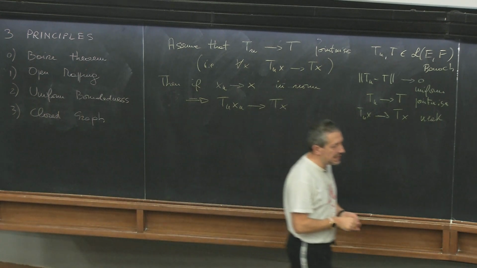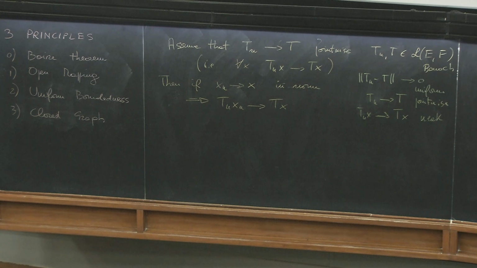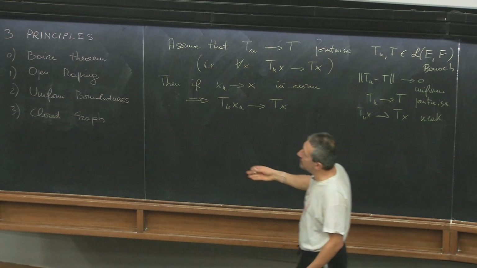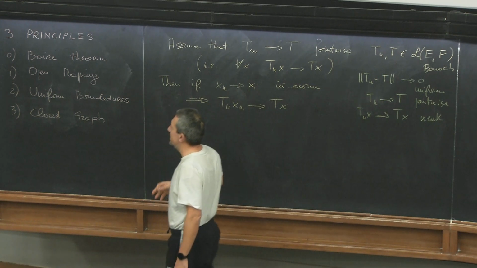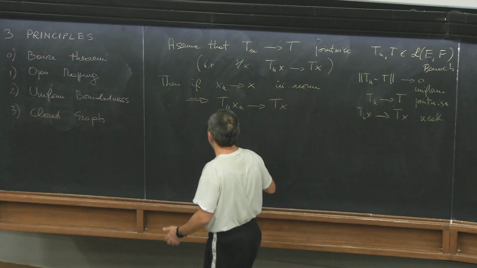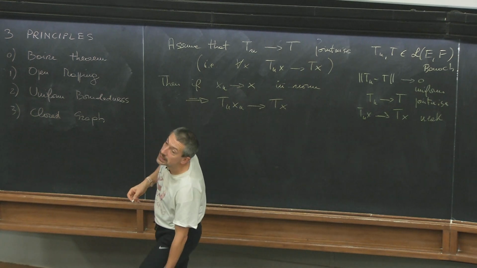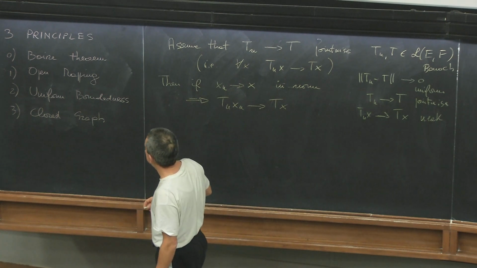So any idea here? Using the triangle inequality. Yes, but we need to use one of these principles. You need minus something and plus something, then you break it down.